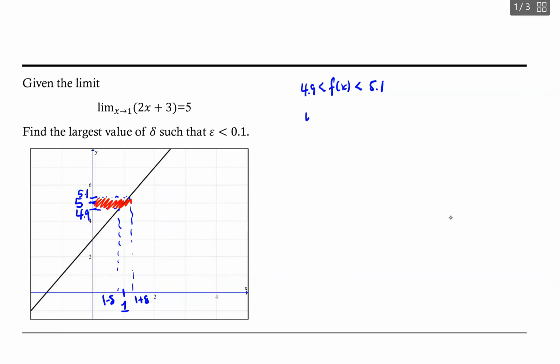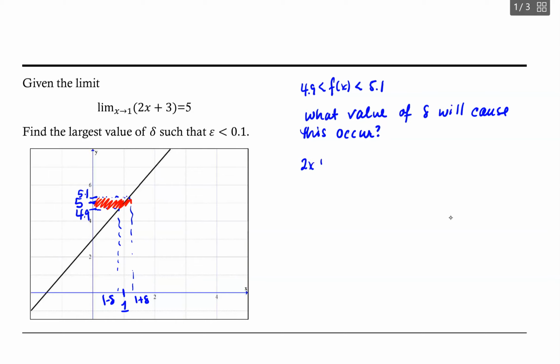So what value of delta will cause this to occur? What I can do is consider what value of x would cause f of x to equal 4.9.